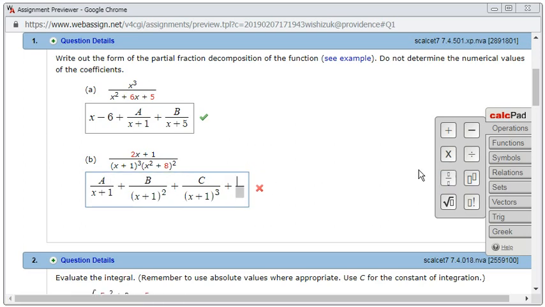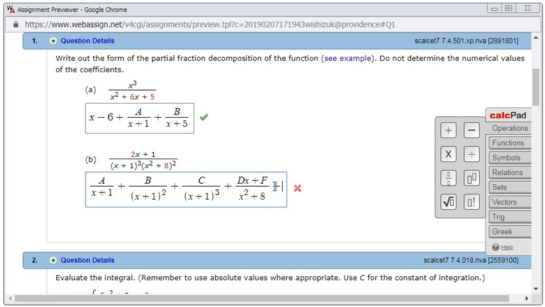So here we have Dx plus E. Sorry, I can't do the alphabet. Dx plus E over x squared plus 8.